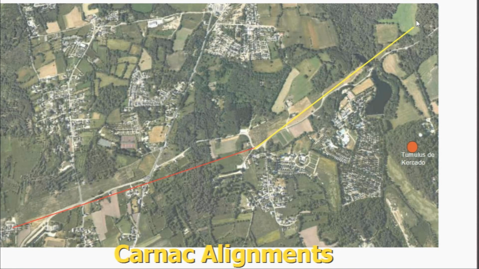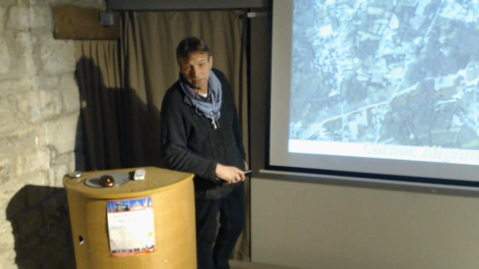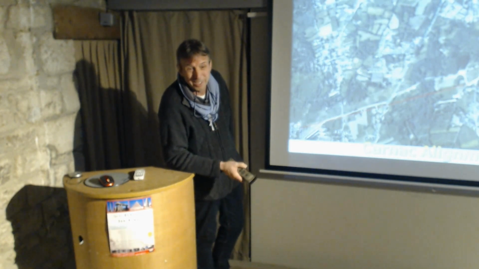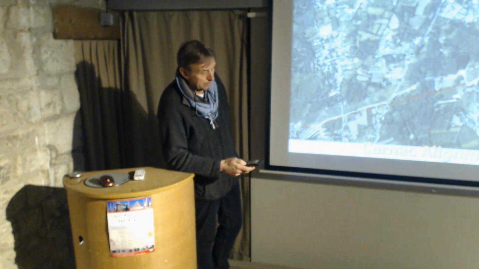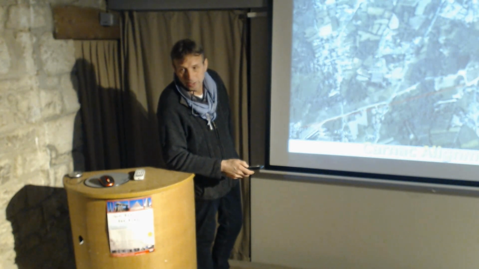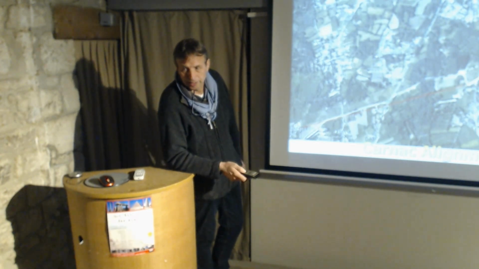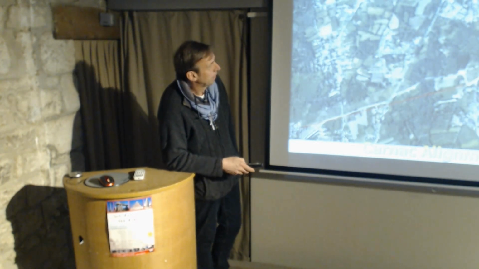And this field here was a site of the end of the alignments, which has been destroyed. You can see around the edge of the field standing stones lying in the woods, which have been pushed out because when farmers wanted to farm, of course, the stones were in the way a bit. And so quite a lot of destruction went on to make farming land after the French Revolution.